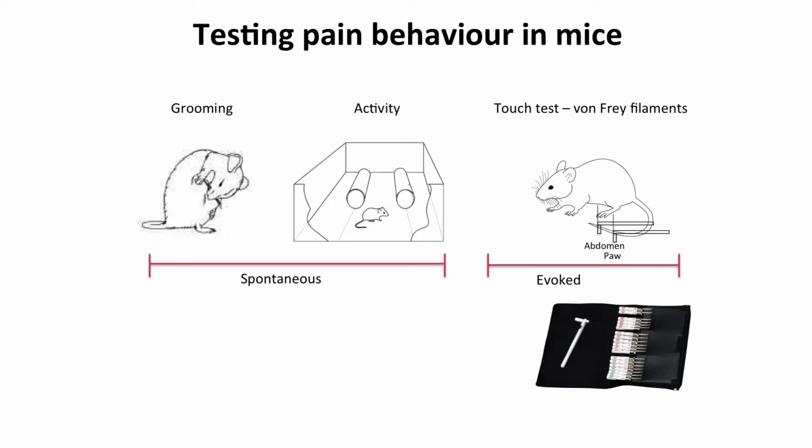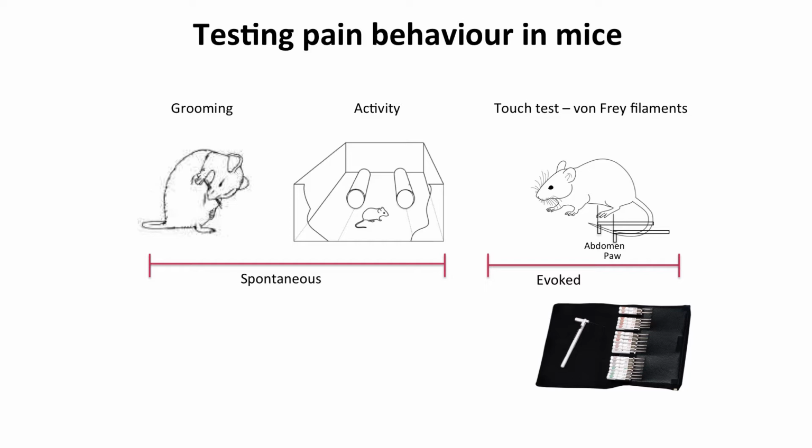So following on from these studies in the lesion microenvironment, we wanted to see whether the mice were actually exhibiting changes in pain behaviour. So we used a number of different behavioural tests in the mice. We looked at spontaneous behaviours, which included abdominally directed grooming, as well as activity, which is a modification of an open field test.